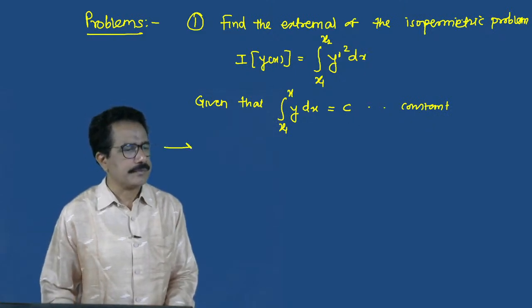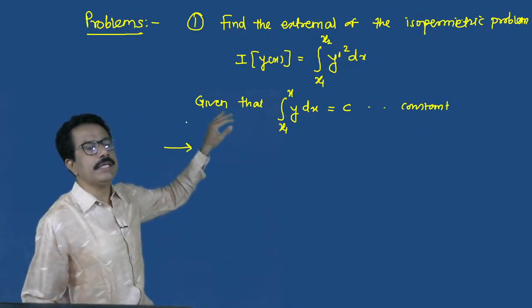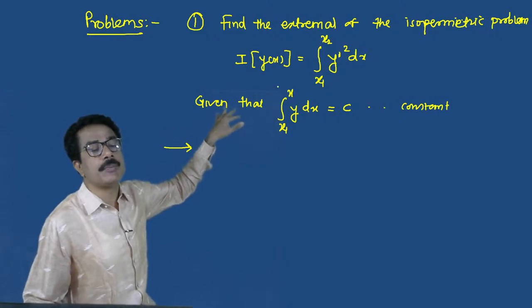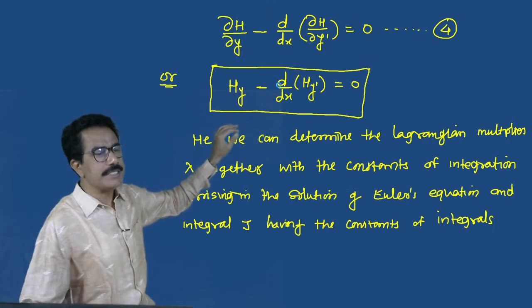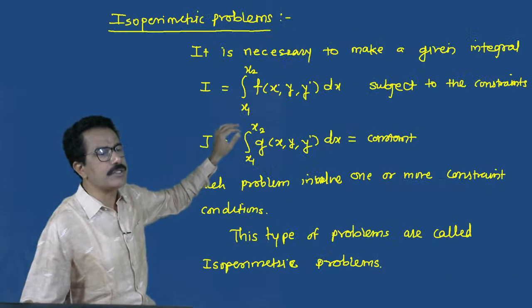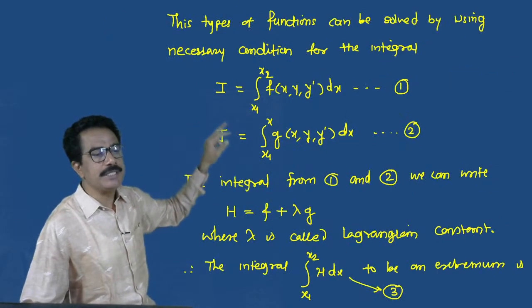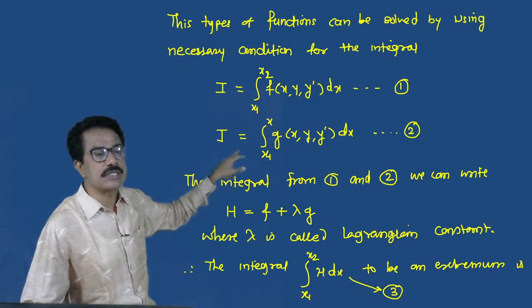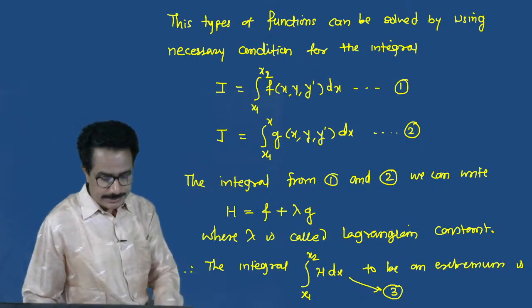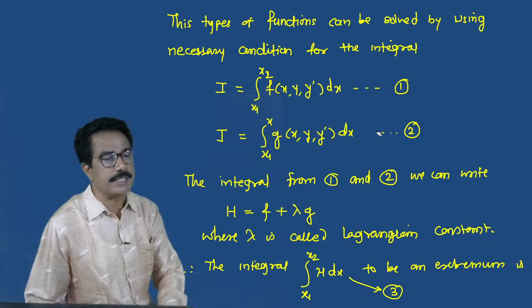Okay. Now we have to find the extremal of this isoperimetric problem. What is the condition of the extremal of the isoperimetric problem? I is given, J is equal to a constant, which is also given.